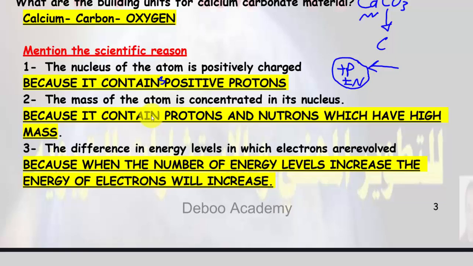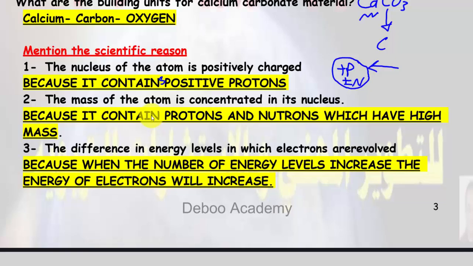The mass of the atom is concentrated in its nucleus. We said that the mass of a proton is much larger than the mass of an electron. So the summation of the mass of proton and neutron is much bigger than the mass of the electron.